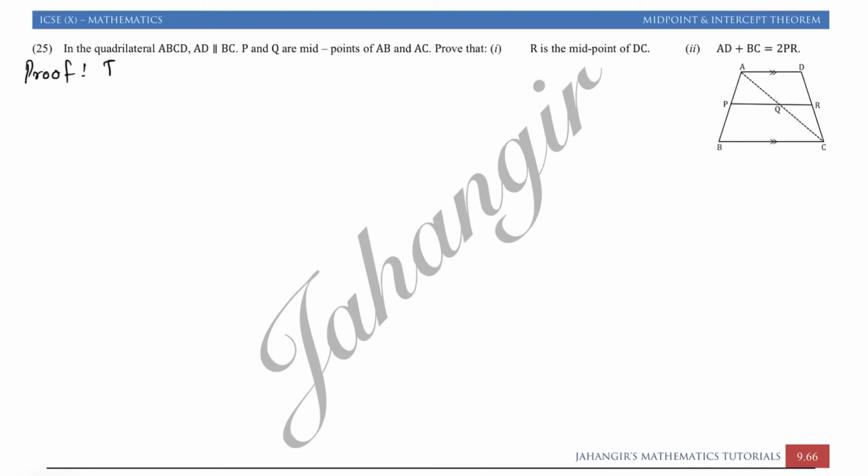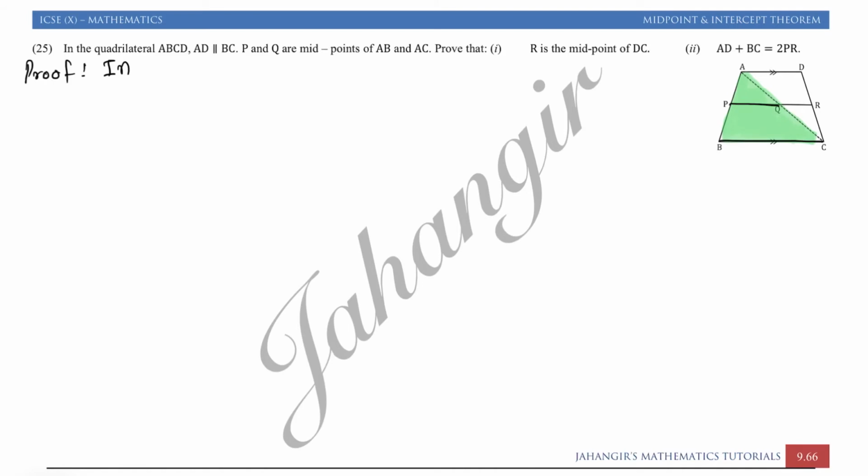We will just write proof. In proof we'll take first triangle as ABC. In that we have P is the midpoint of AB, Q is the midpoint of AC. So we can say PQ is equal to half BC and PQ parallel to BC.